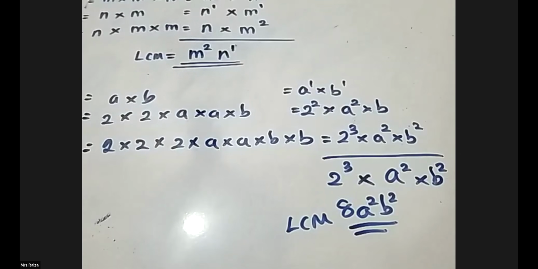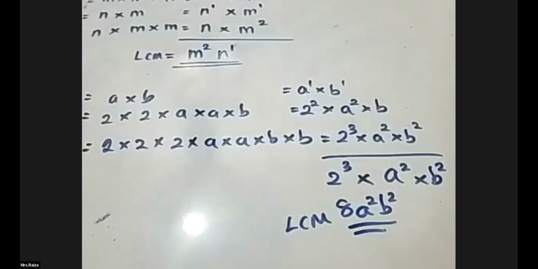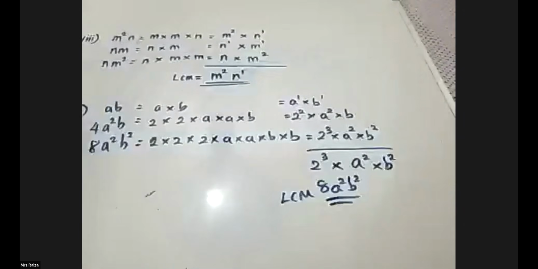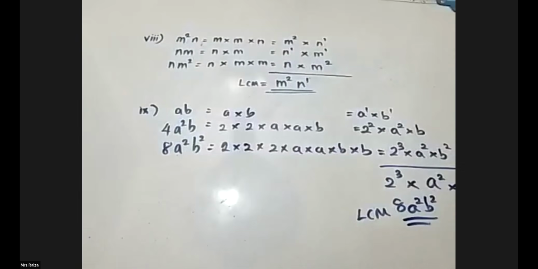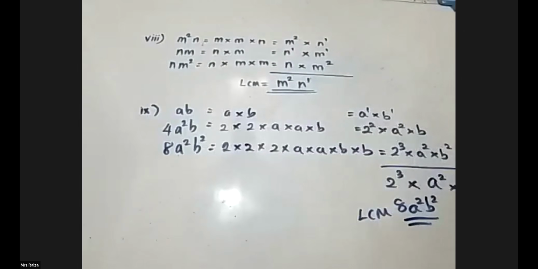You can write: finding LCM, the least common multiple, of algebraic expressions which include binomial expressions. Write the topic and get ready fast.